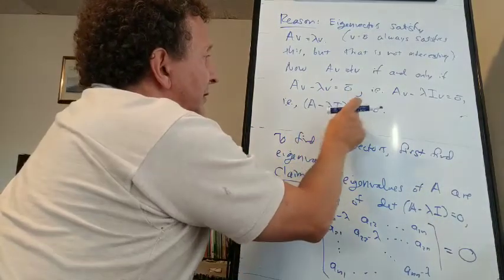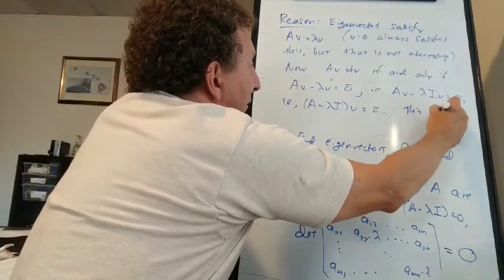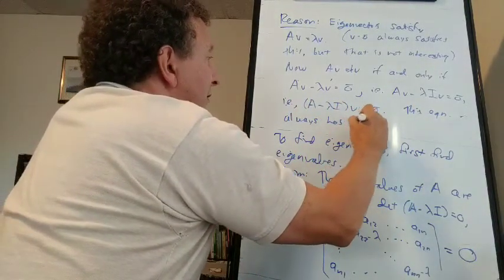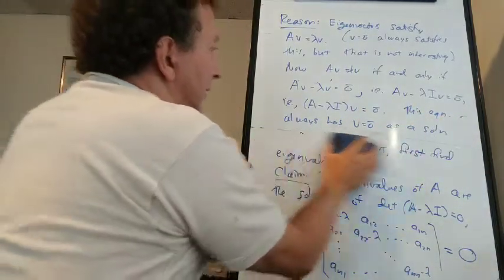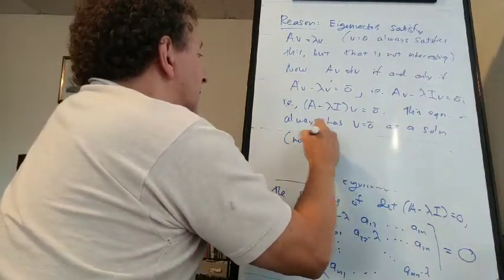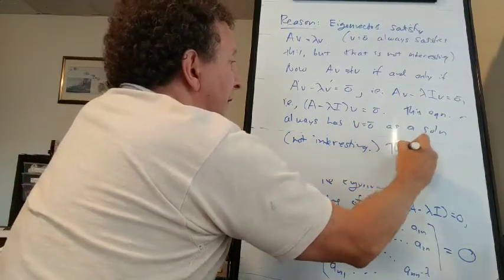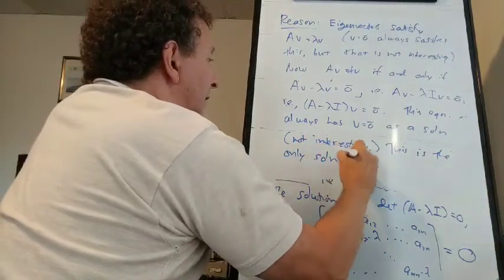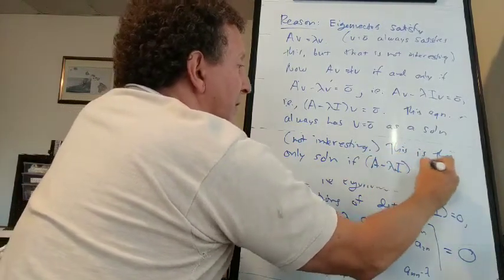So this is some matrix times a vector equals 0. This equation always has V equals 0 as a solution. Again, that's not interesting. And this is the only solution if A minus lambda I is invertible.